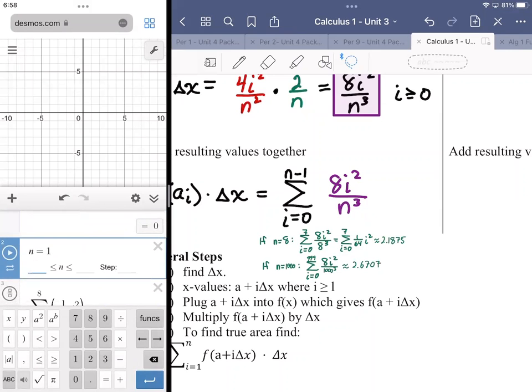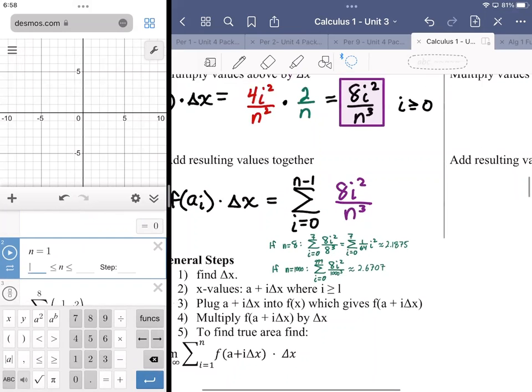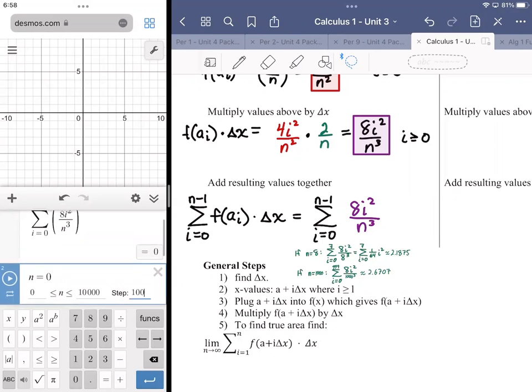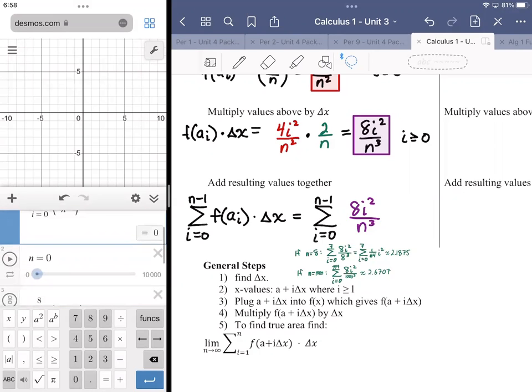I'm not going to have a negative number of rectangles, so I'll make the low bound 0, and then the upper bound, I'll make it something really huge. I already tried 1,000, so let me make it 10,000. And instead of going by ones, I'll go by hundreds, and then see what that gives me.